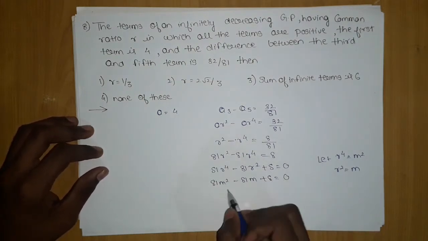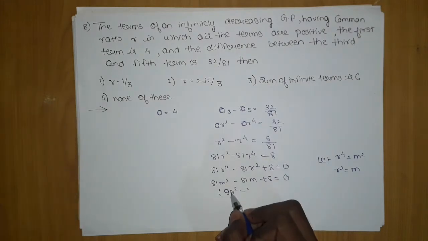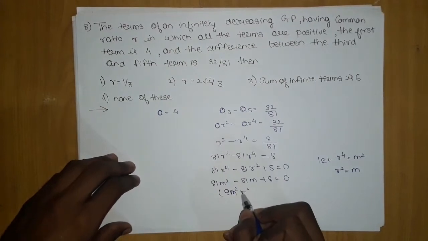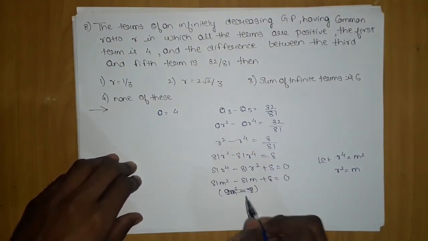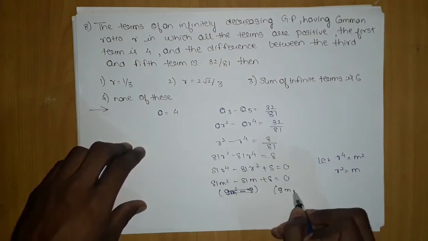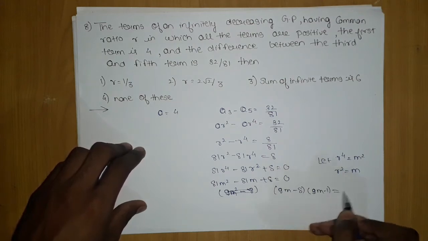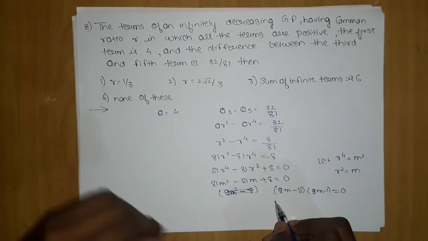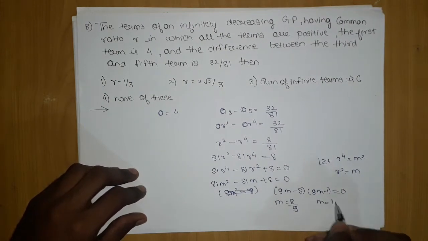If I solve this, I get (9m minus 8) into (9m minus 1) equal to 0, giving me m is equal to 8/9 and m is equal to 1/9.